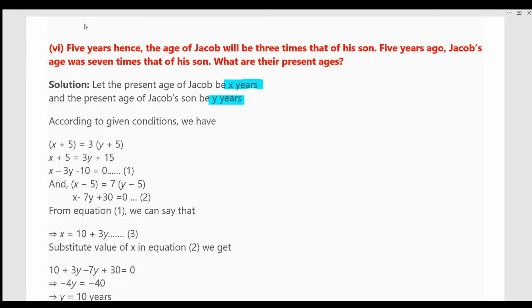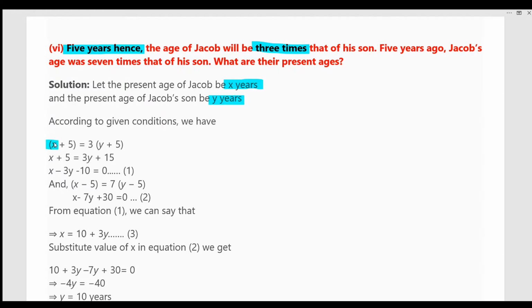Now in the problem, two conditions are there from which we will get two linear equations in two variables. So first condition is 5 years hence, means 5 years from now, age of Jacob will be 3 times that of his son. So present age of Jacob is x years.